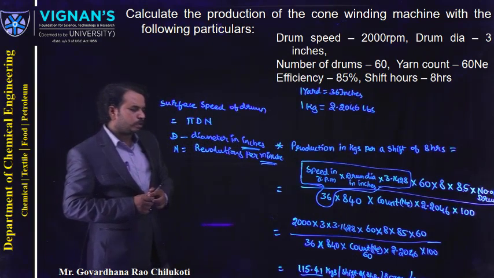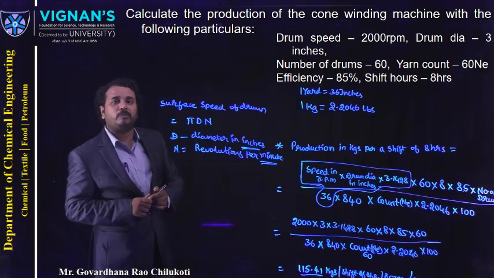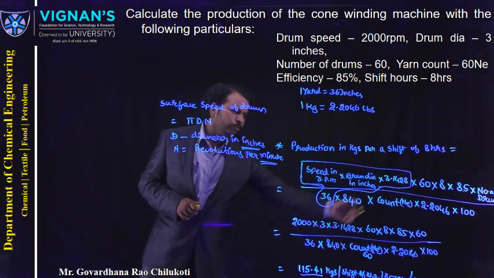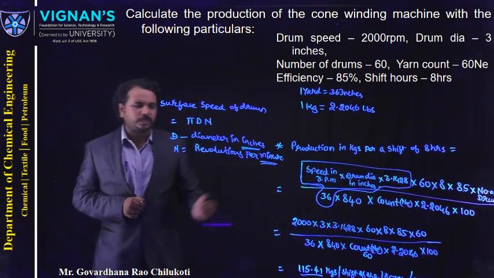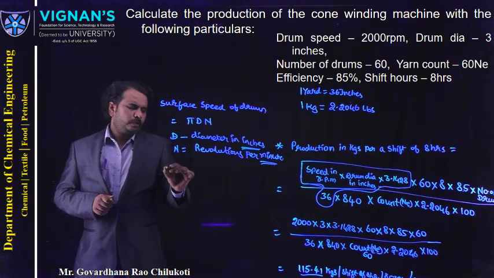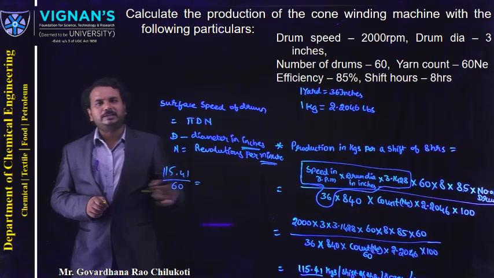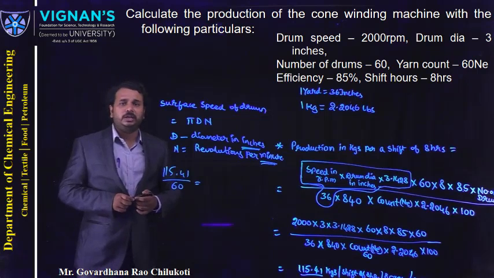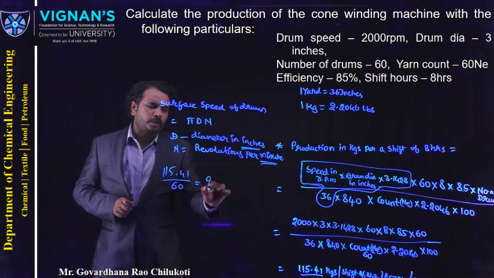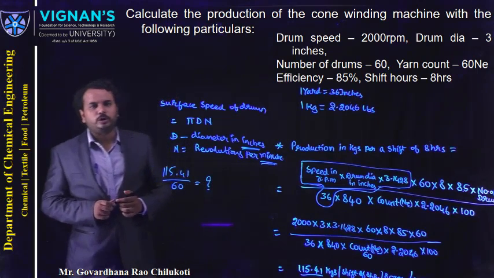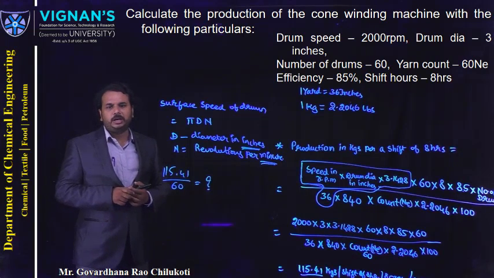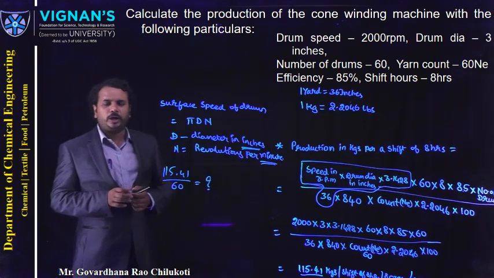If you want to calculate per 1 drum, simply divide 115.41 by 60, and you will get how many kgs of production is happening per drum.